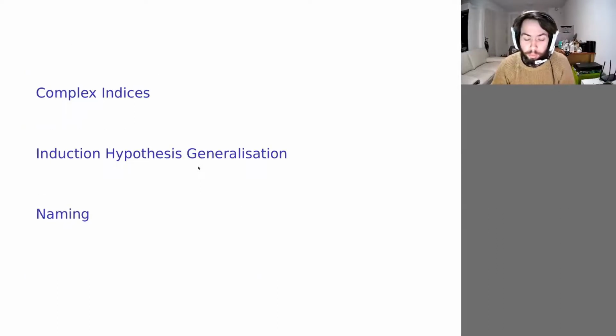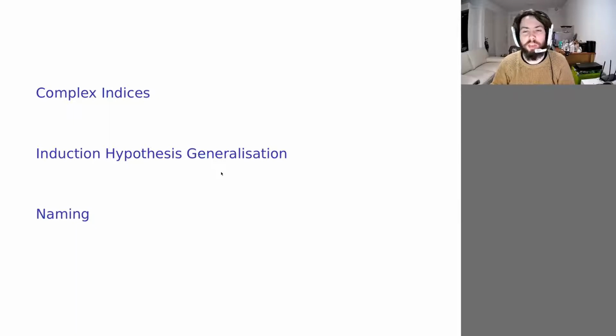We're going to talk about 3 things. First, the handling of complex indices, which is a classic problem for induction tactics. This is where we build on dependent induction, but I further simplify the induction hypotheses that are generated when we are dealing with complex indices. Then we'll talk about the automatic generalization of induction hypotheses.